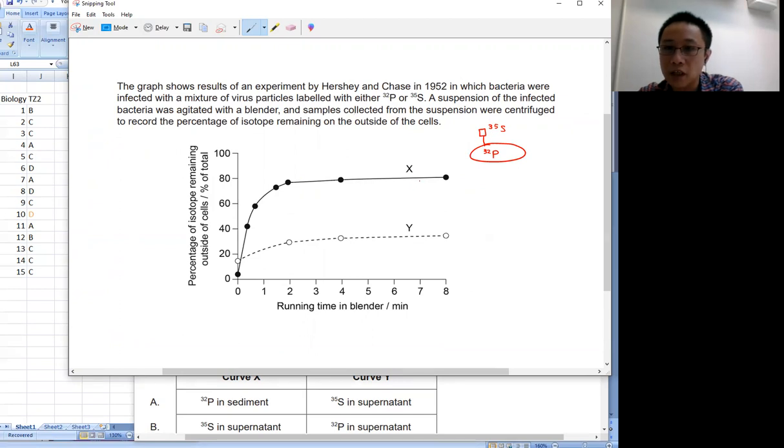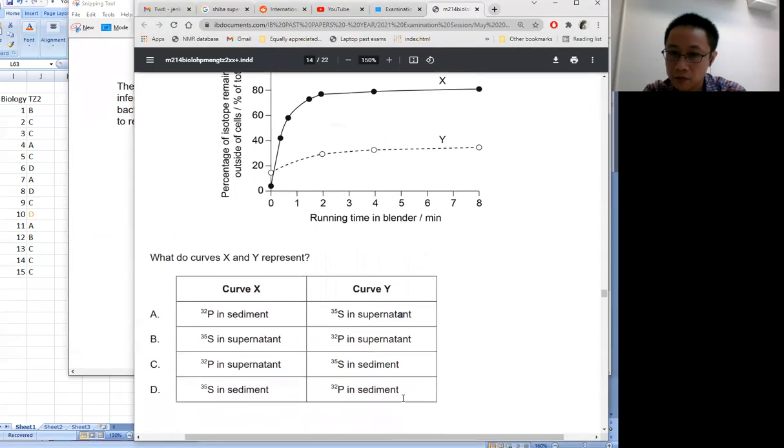So I'm guessing X can represent the amount of sulfur in the supernatant. And then Y can represent, well, if it increases, there has to be some in the supernatant. Yeah, because the centrifuging process and the shaking process will cause some of the protein coats to be shaken off. So most of the sulfur is shaken off. And can there be a lot of the phosphorus in the supernatant as well?